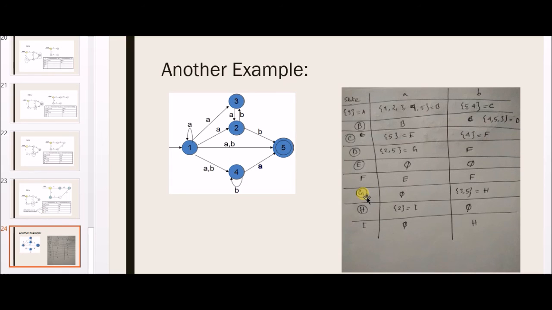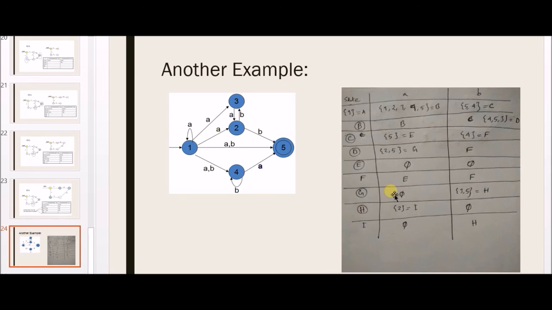From Z, if we find the transition of small a, I will not be able to go to any new state or any other state. For small b, I will be able to go to a new state which is 3, 5, and I name it H.